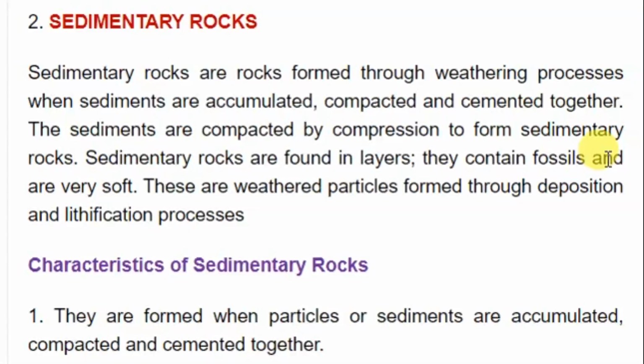They form layers over a number of years, then later they form a rock. So sedimentary rocks are formed through the weathering process. Weathering, as I told you, is the process by which igneous rocks break down. So when sediments are accumulated, compacted and cemented together, they form sedimentary rock.